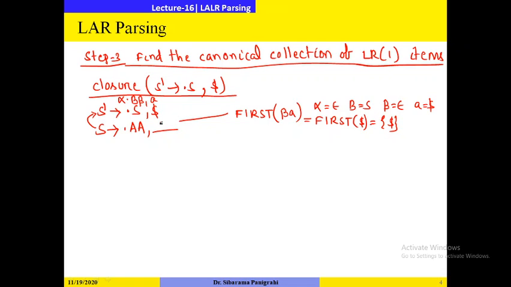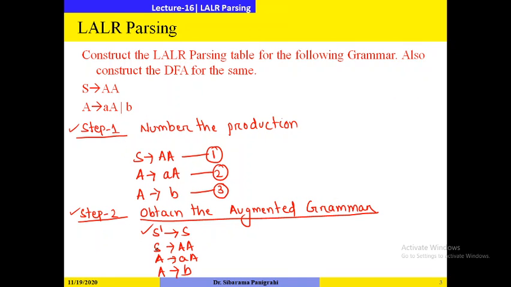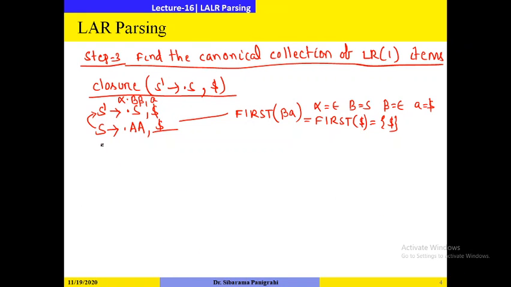So here I will keep dollar. Now here you see, I have obtained dot AA. Dot A means I have to add all the productions of A. The productions of A are A gives dot AA and A gives dot B. So here I will add A gives dot AA and A gives dot B.